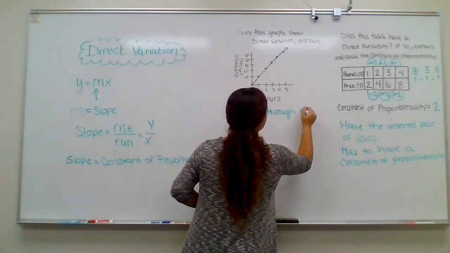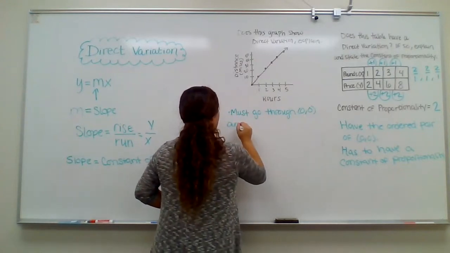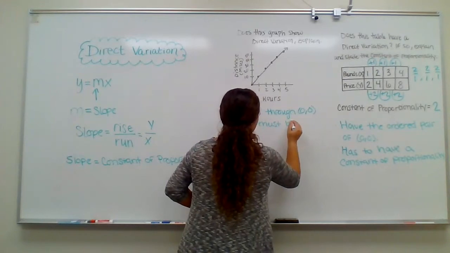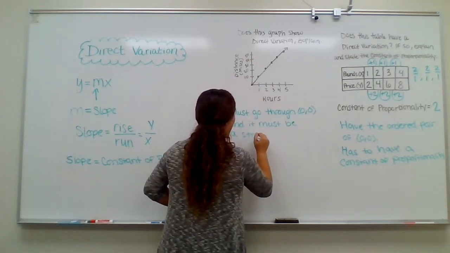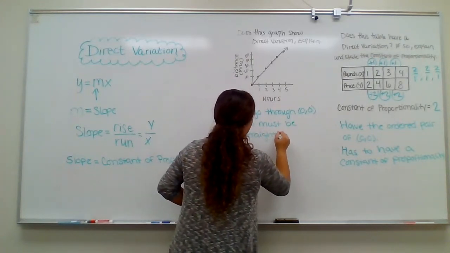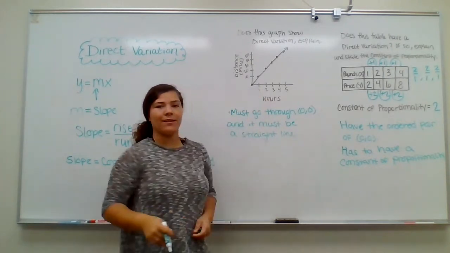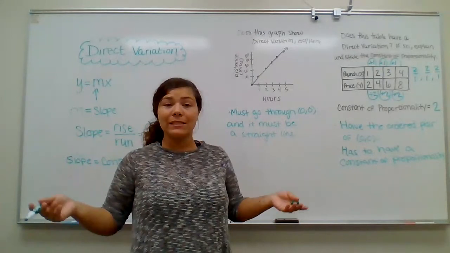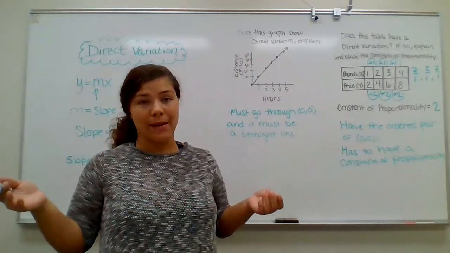Meaning, the slope has to be the same throughout the whole graph, or the constant of proportionality must be the same the whole time.